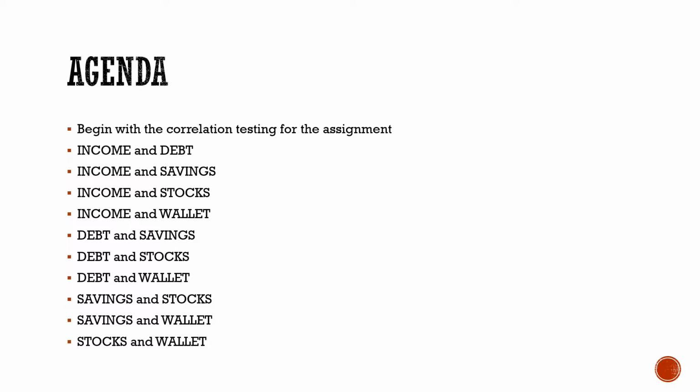We'll first start with some slides for income and debt, then income and savings, income and stock, income and wallet, debt and savings, debt and stocks, debt and wallet, savings and stocks, savings and wallet, and stocks and wallet. We ran it through the PSPP program, and as you will see, we got our results from that program.